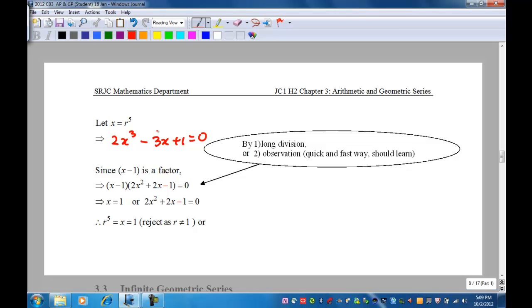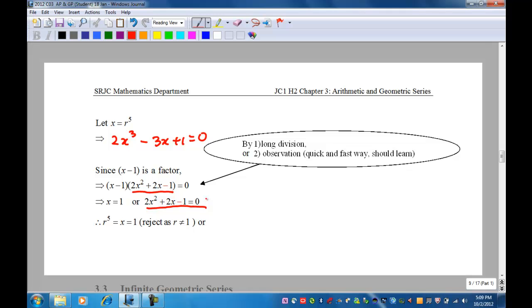Therefore, x minus 1 is a factor of 2x cubed minus 3x plus 1. Since x minus 1 is a factor, we can use long division or observation to obtain the second factor, 2x squared plus 2x minus 1. From this, we can see that x equals 1 or 2x squared plus 2x minus 1 equals 0.